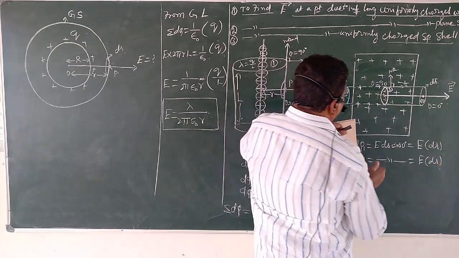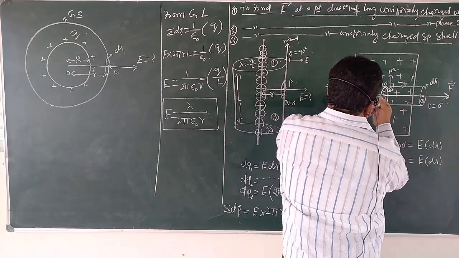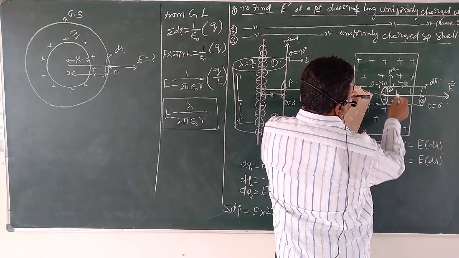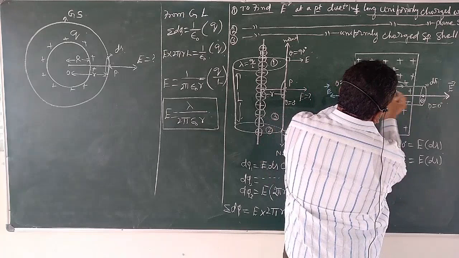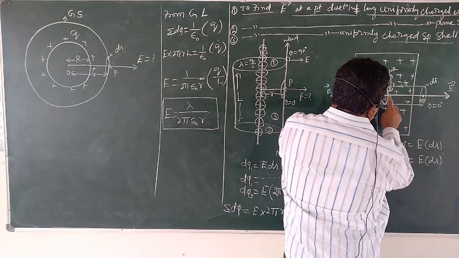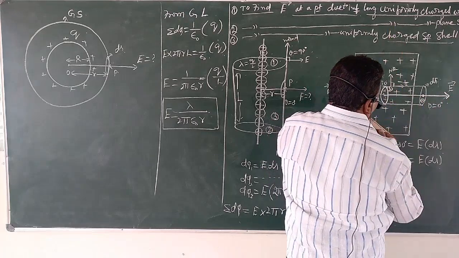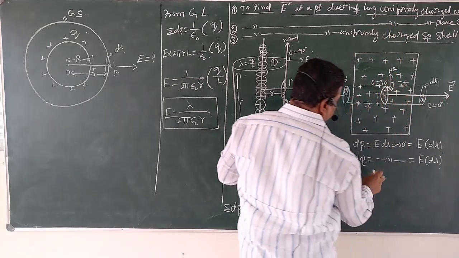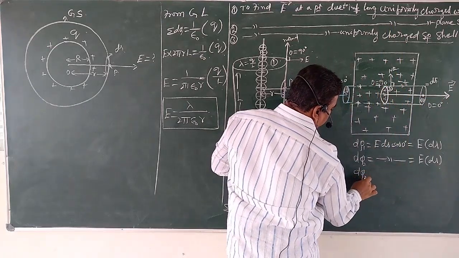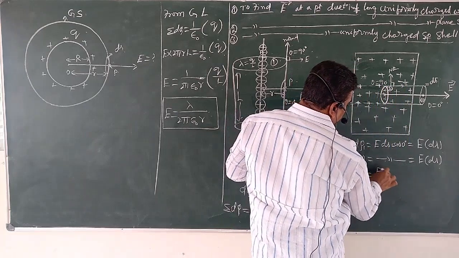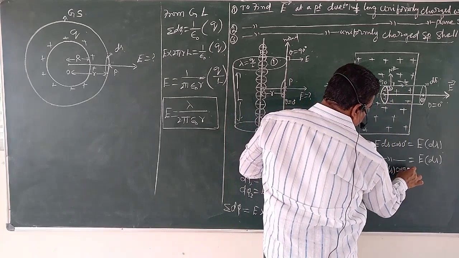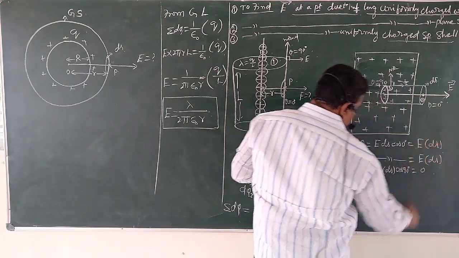Through the third, curved surface, the electric field will be along the surface and the normal will be perpendicular to the surface. Therefore, theta is 90 degrees. So dφ3 is E ds cos 90 degrees, and cos 90 degrees is 0, so this becomes 0.